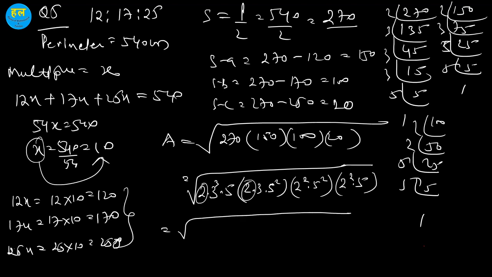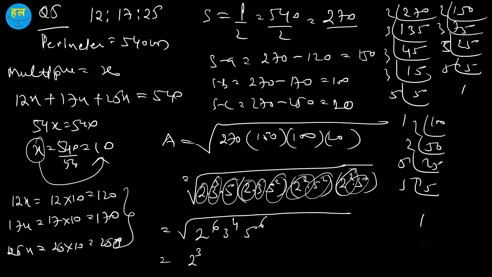Altogether, 2 to the power 6, 3 to the power 4, 5 to the power 6. We'll take out the even values: 2 to the power 3, 3 to the power 2 and 5 to the power 3. This will become 125 into 9 into 8.